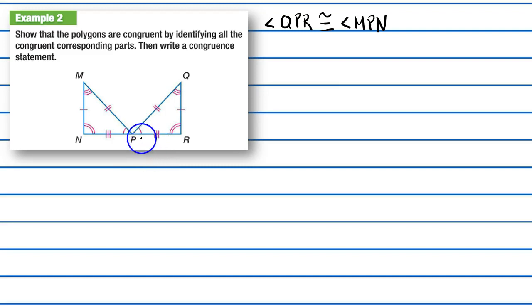Now let's go to the second arcs. We have two here and two here. For this one we can just say angle R, because there's no confusion. So angle R is congruent with angle N.